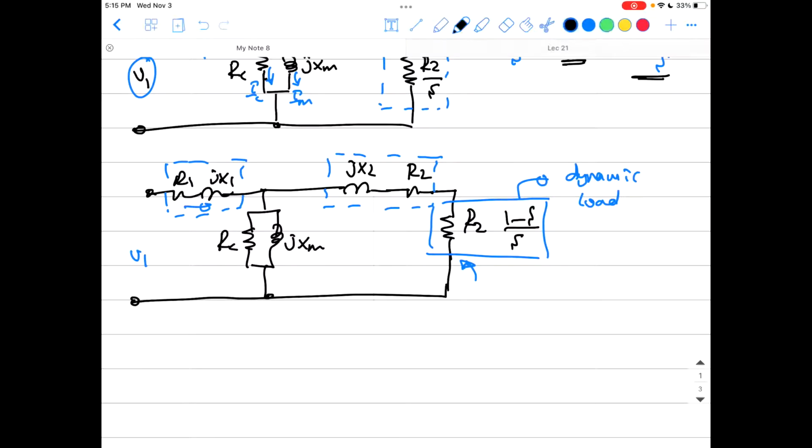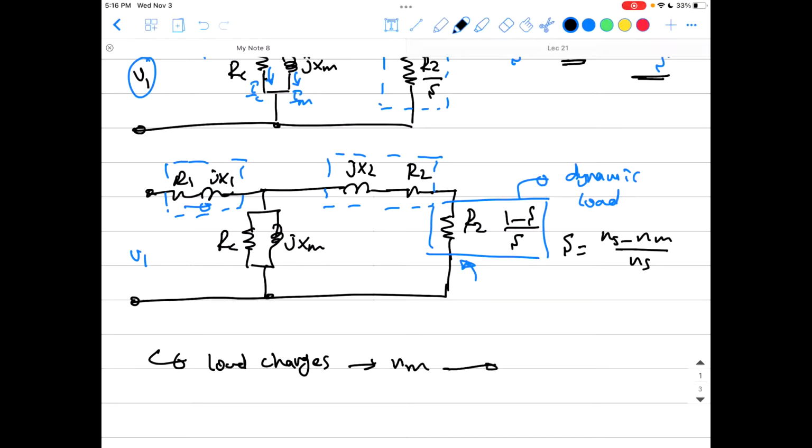And you know that the slip equals (ns minus nm) over ns. So what's happening is, when the mechanical load on the motor shaft changes, this changes the speed. Like we said, if the load goes up, the speed goes down.